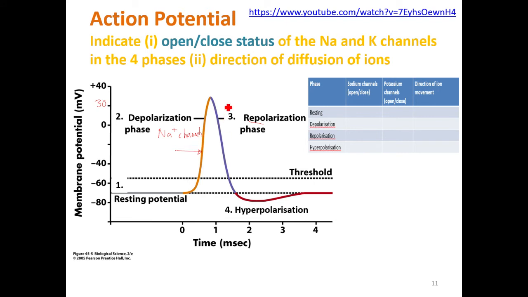In order to do this, the sodium channels will close and the potassium channels open. When the potassium channels open, potassium will rush out of the axon.